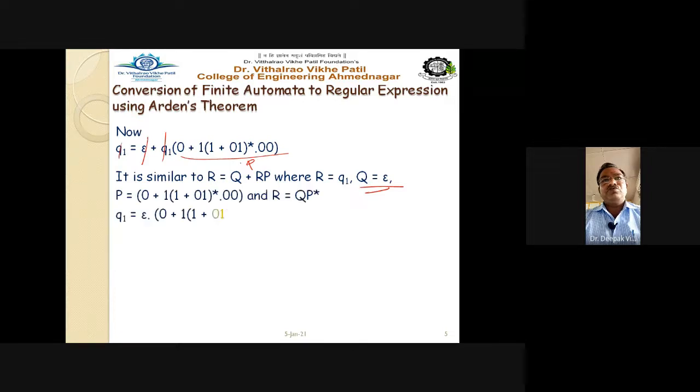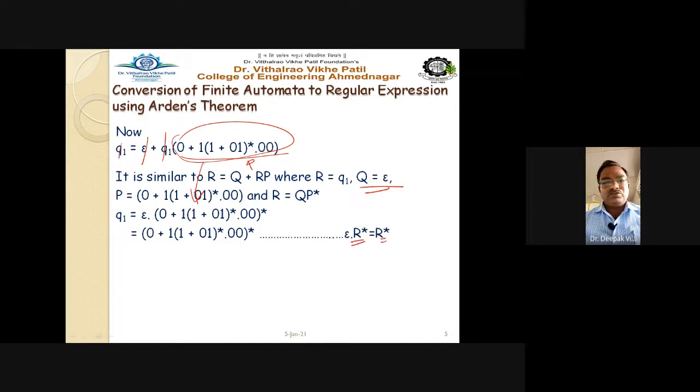So the solution R equal to QP star, that is Q1 equal to epsilon dot into bracket the total term written as it is. There is no change for this term. So the entire term is written here as it is, right? Epsilon dot any entity means epsilon dot r raised to star, that is equal to r raised to star actually, right?